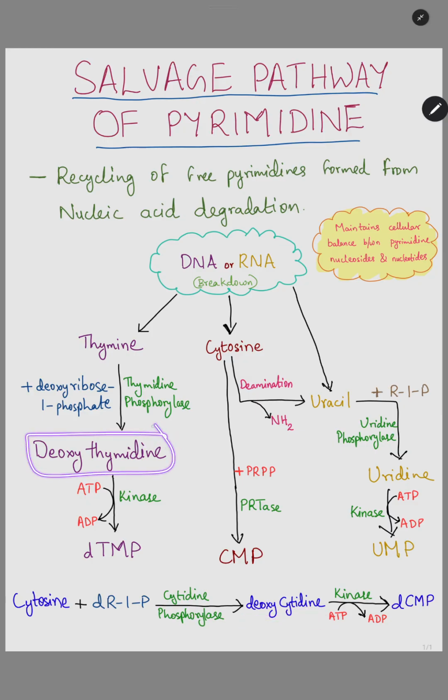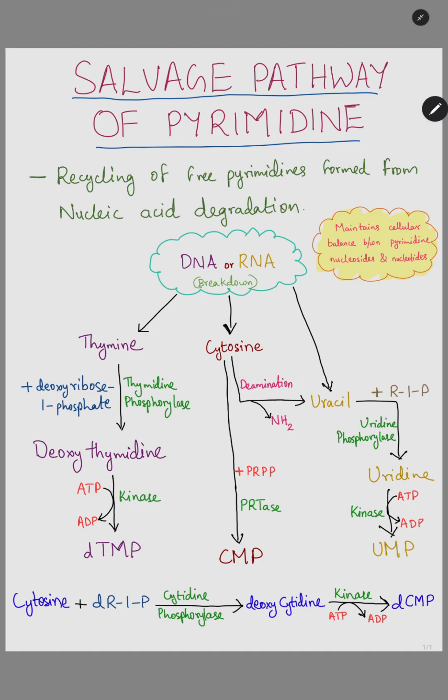Here it was deoxythymidine, and here it is deoxycytidine. This deoxycytidine in presence of kinase and ATP forms dCMP, similar to the reaction here.